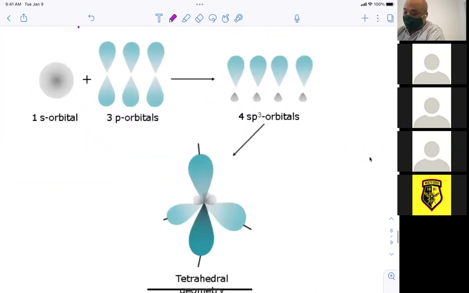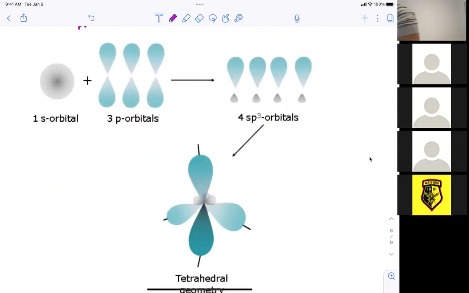So this is what happens in an atom. An atom takes its s orbital and its p orbitals to create these 4 hybrid orbitals that are equivalent in energy, equivalent in bond length, and equivalent in angle. That's where the tetrahedral geometry comes from, because all 4 of them are the same now, so they orient themselves in a tetrahedral shape.